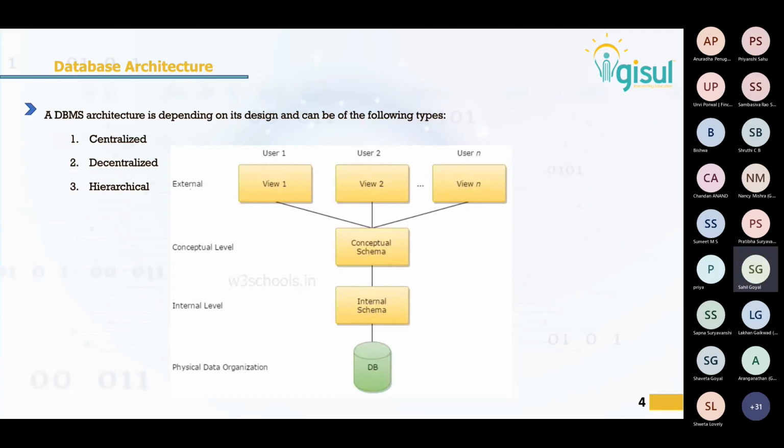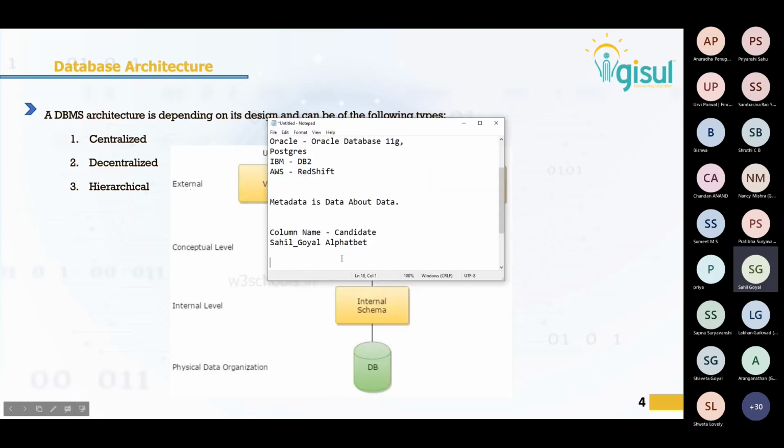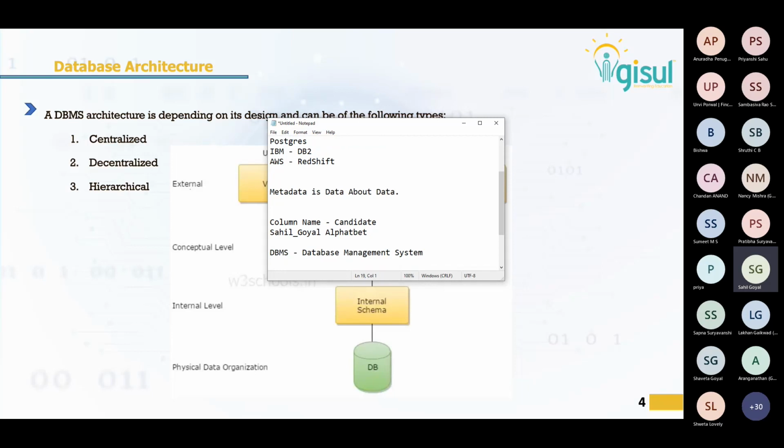Here what we're talking about is that a DBMS architecture depends on its design and can be of the following types. First of all, DBMS is basically a database management system. What is an architecture?